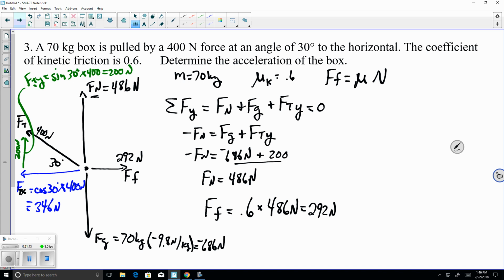Sum of forces in the x direction, keep messing that up, let's keep it straight here, is equal to mass times acceleration. I want to find the acceleration of the box. That is the sum of forces in the x direction over m.